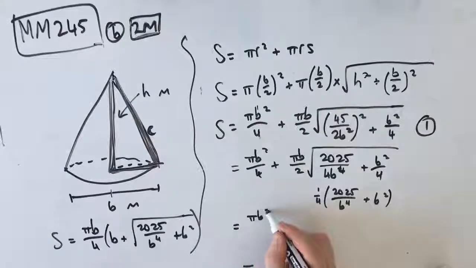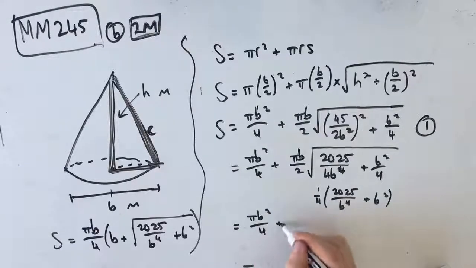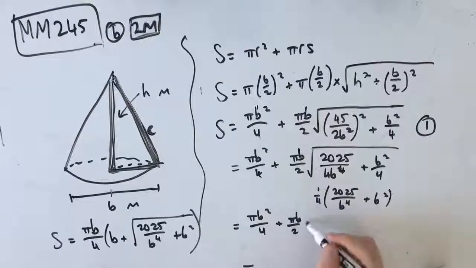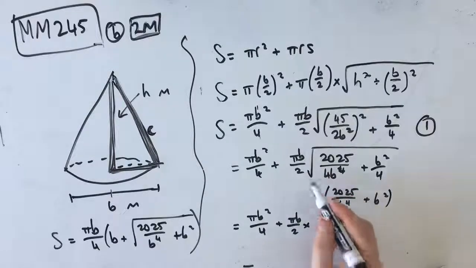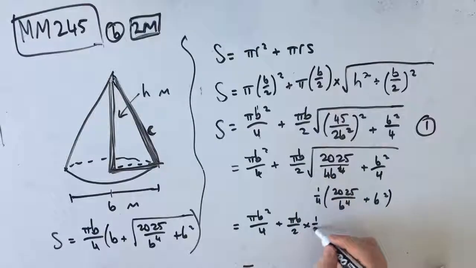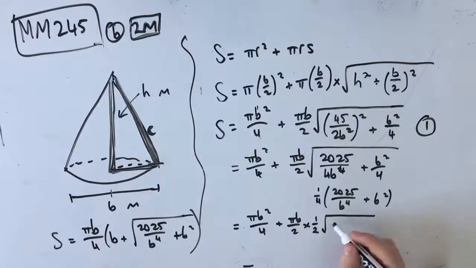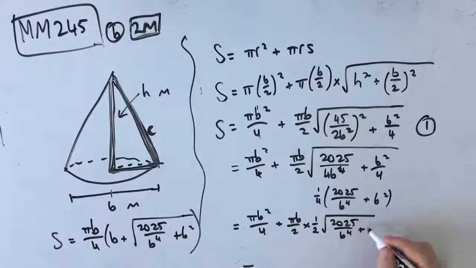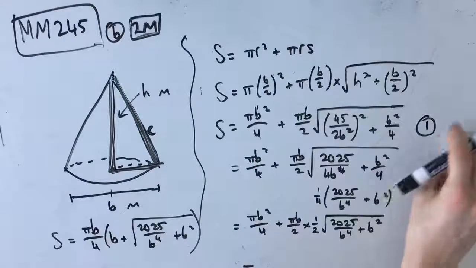So we then get πb²/4 plus πb/2. Now this 1/4 in the square root becomes 1/2 outside the square root, and then we get the square root of 2025/b⁴ plus b². Sweet.